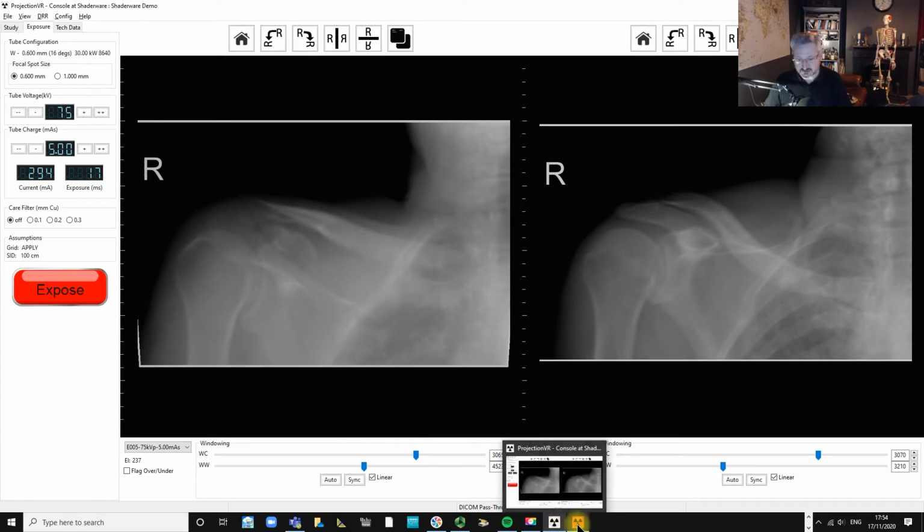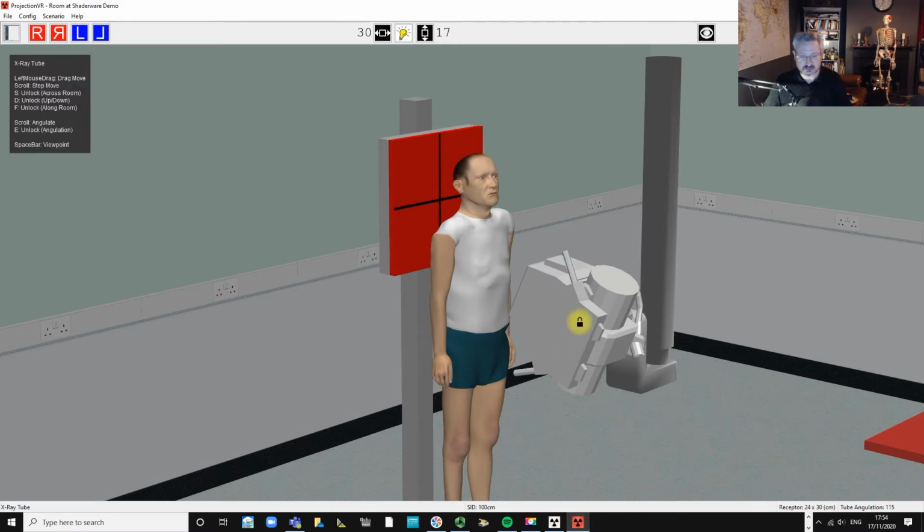Okay, so what other projections are there? What other techniques are written in the books? Well, the advantage of the AP projection is that you can actually see the clavicle, and the patient is putting their back to the board, and patients always like to be able to see out around themselves and see the surroundings, and they're not so keen on facing the board and not knowing what you're doing behind them.